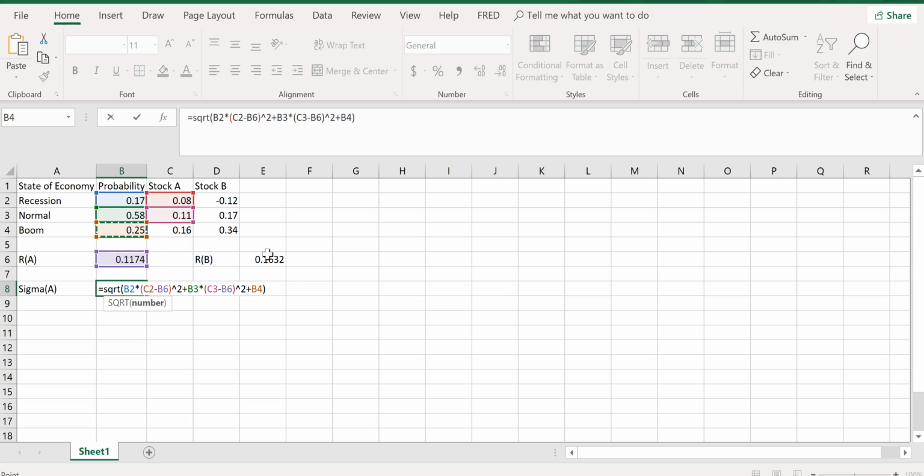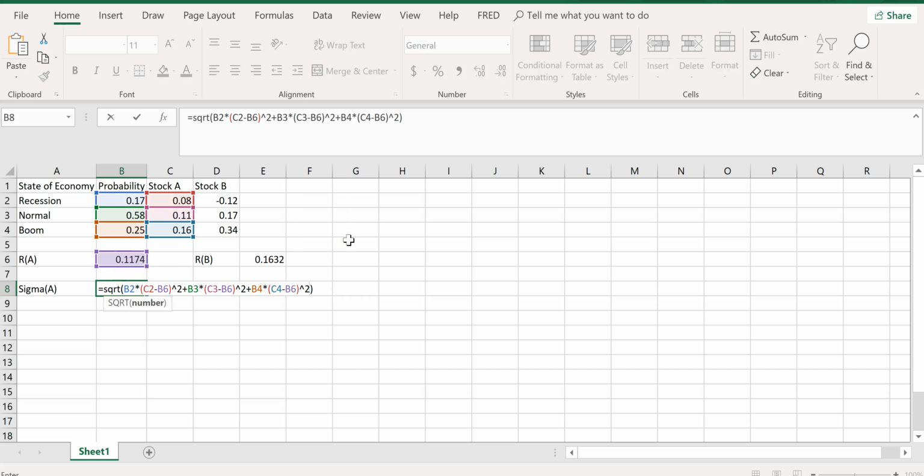This happens with 25% chance times the deviation, return for stock A under booming state minus the expected rate of return for stock A, and then take the square of that.